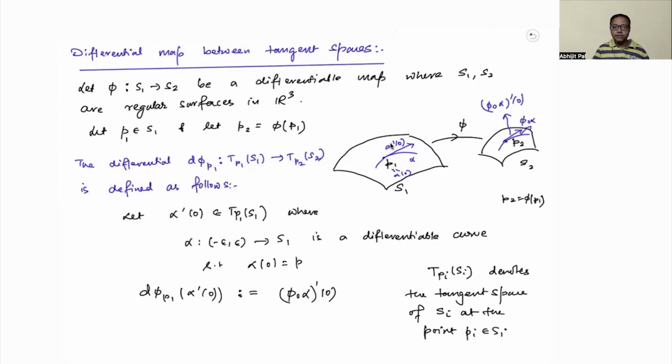Now we'll check that this map is a linear map. So d phi P1 is a linear map. Okay. So how to check this thing?